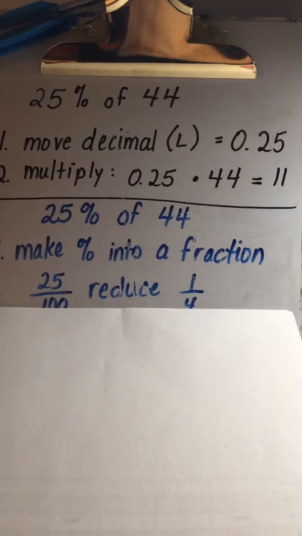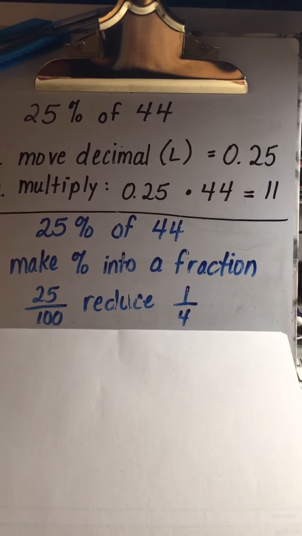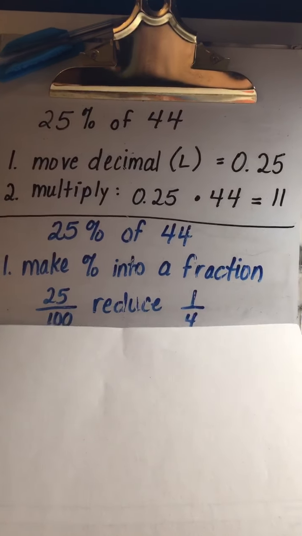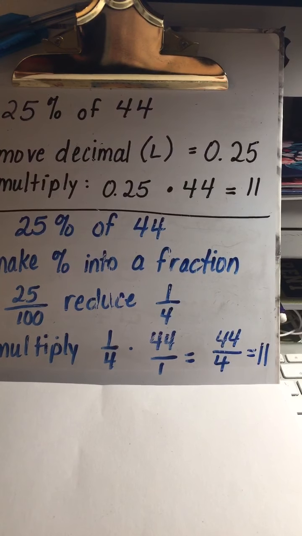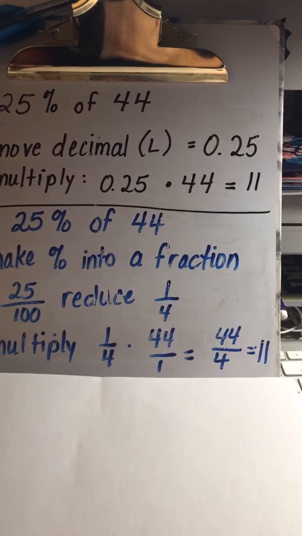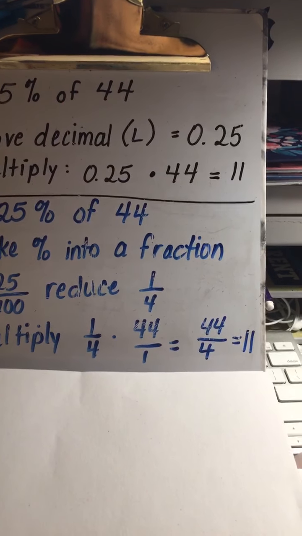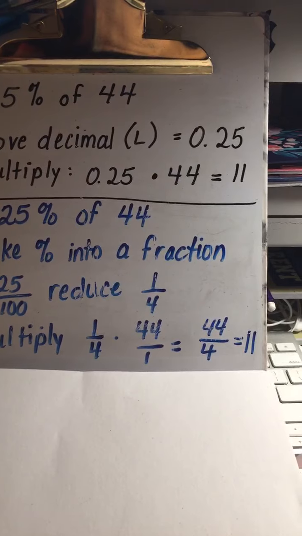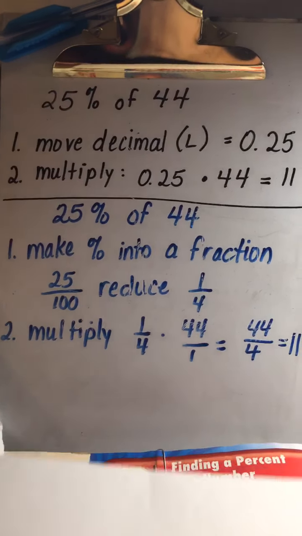We need to reduce that, so then you have 1/4. Okay, and then you multiply. 1/4 times 44 equals 44 over 4, and then you need to divide. 44 divided by 4 equals 11. Okay, that's the second method.